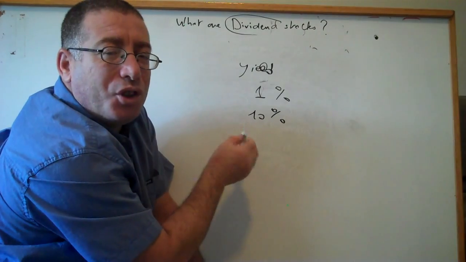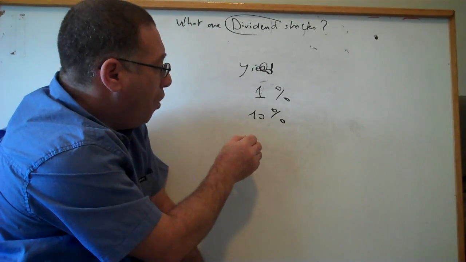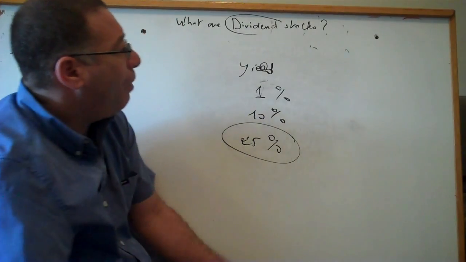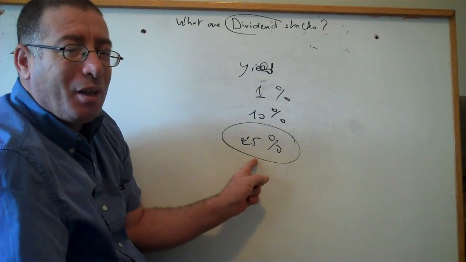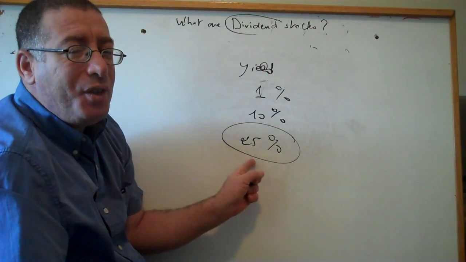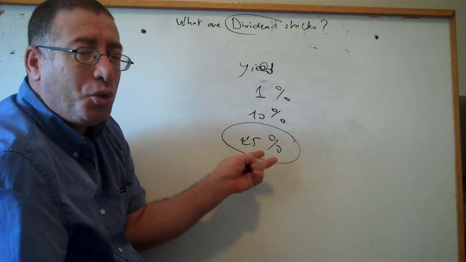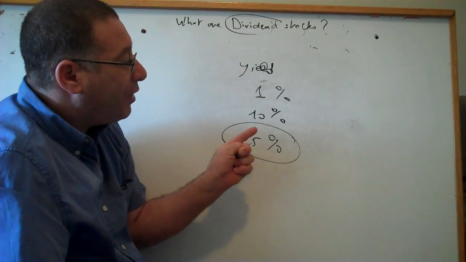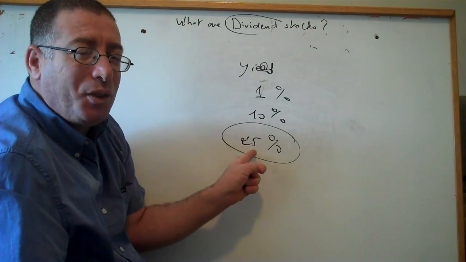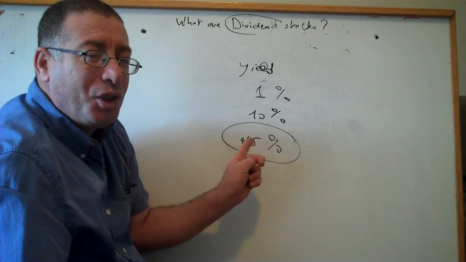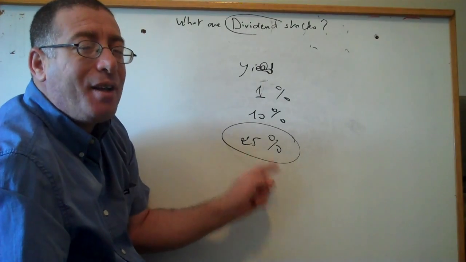But some stocks give more than 20, for example 25%. Now look at this. This is a very, very attractive yield, 25%. It's too much money. But the problem is that in this 25%, most of these companies are having problems.